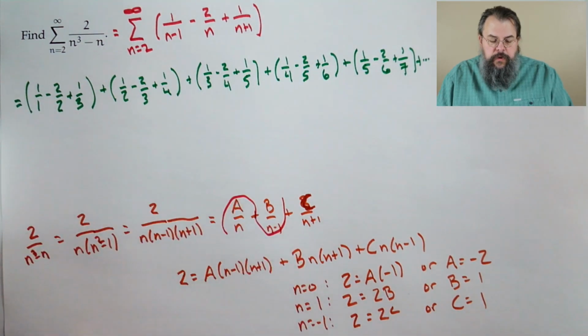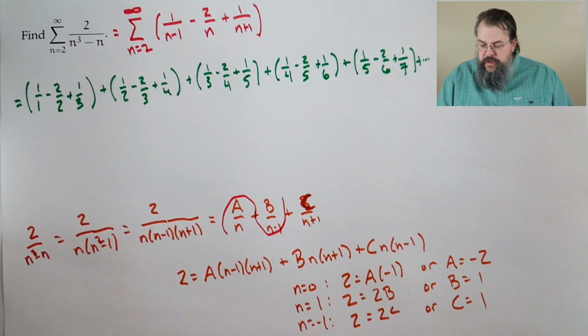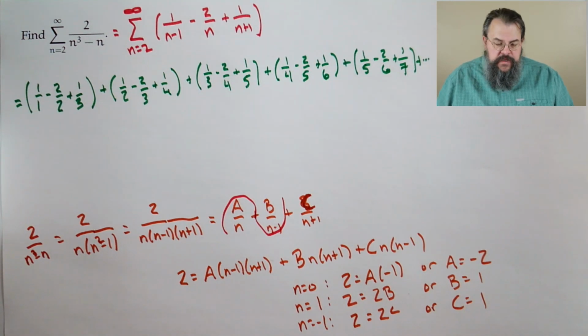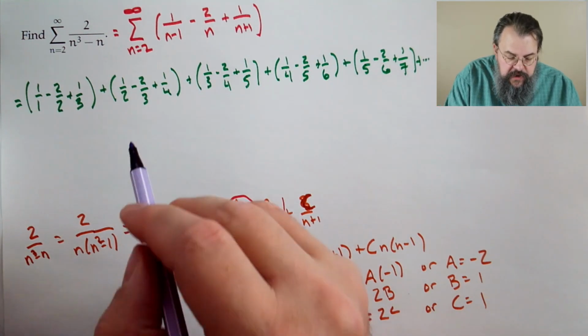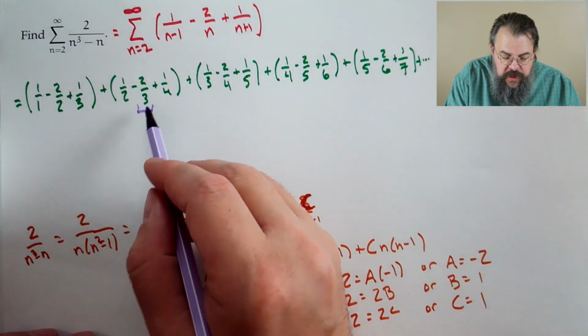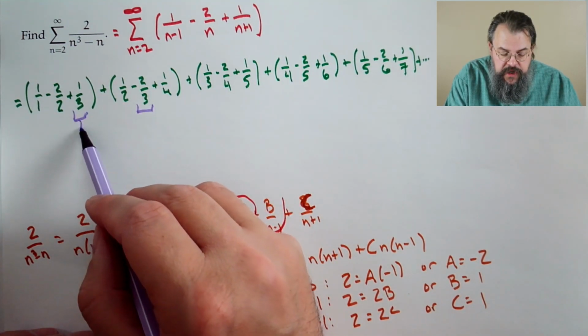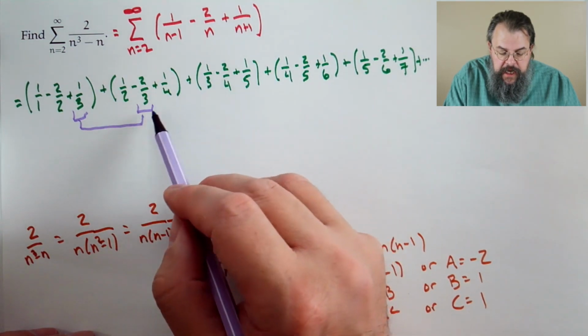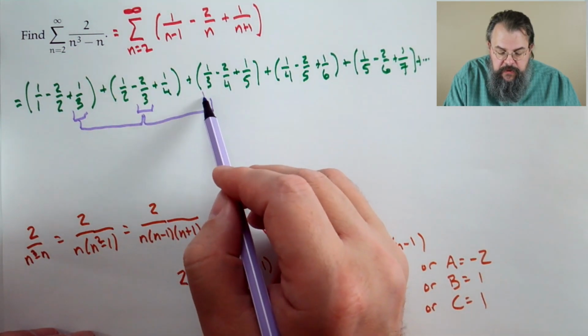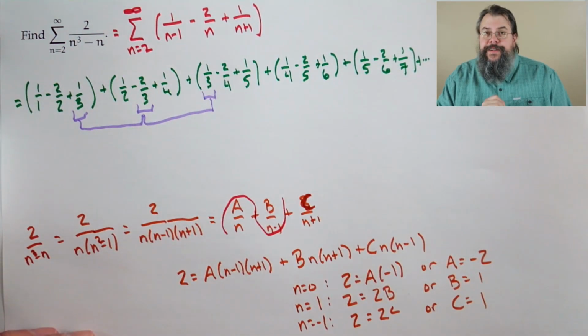So, what's happening here? Well, let's look in and see what we can see. Let's start by noticing this minus 2 over 3. It can combine with the 1 over 3 in the previous sum and the minus 1 over 3 in the next sum.